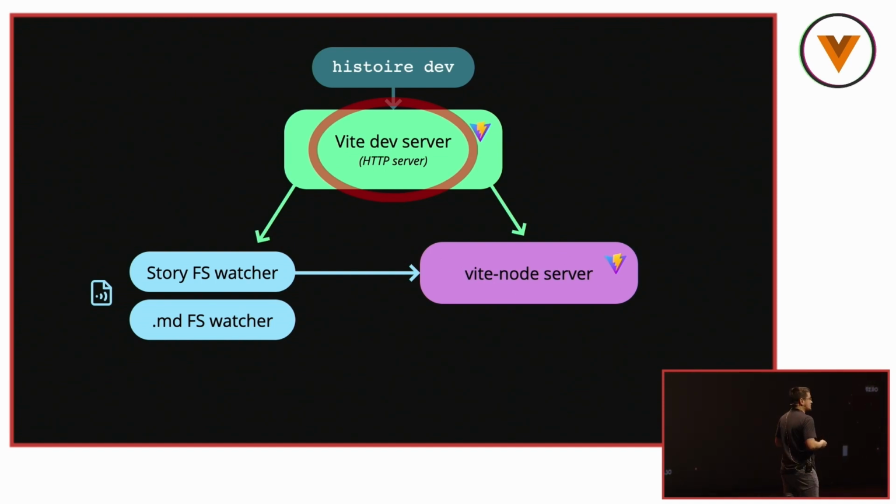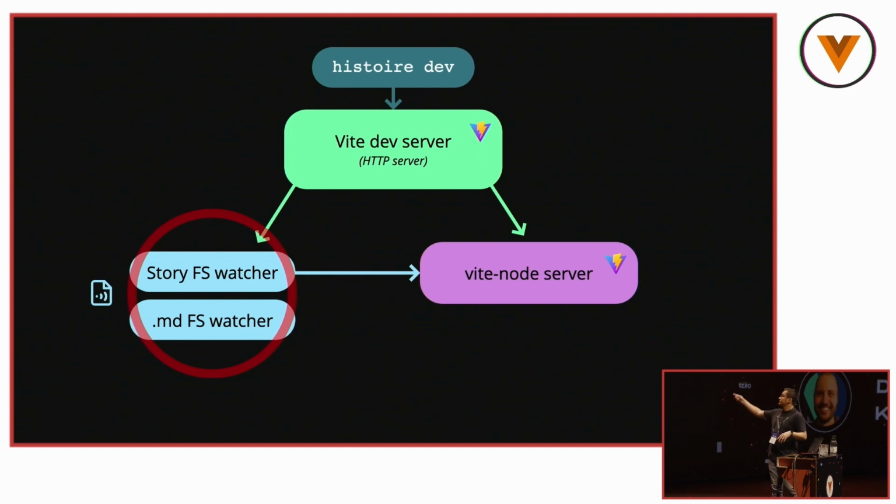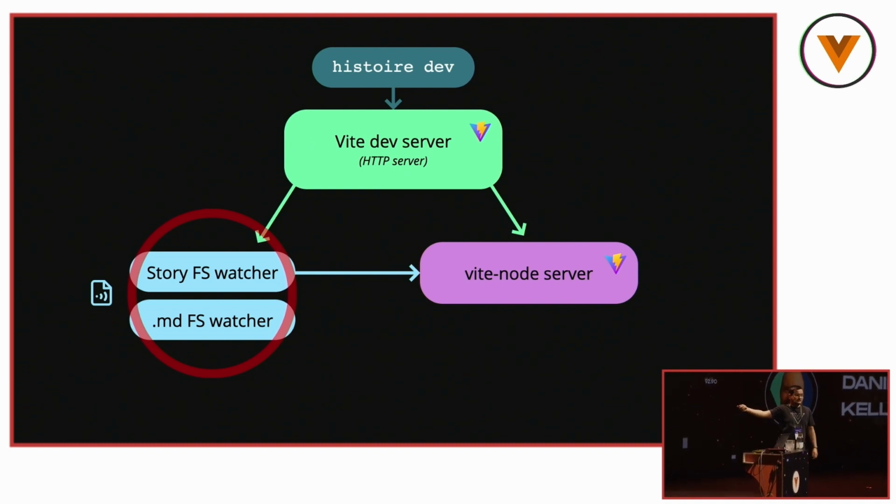But we do a lot of different stuff than a normal Vite dev server, and we add a lot of logic around it. That's why here you have two other things at the bottom. You have watchers, which are watching the changes to story files and markdown files to make corresponding updates in the story application you have.